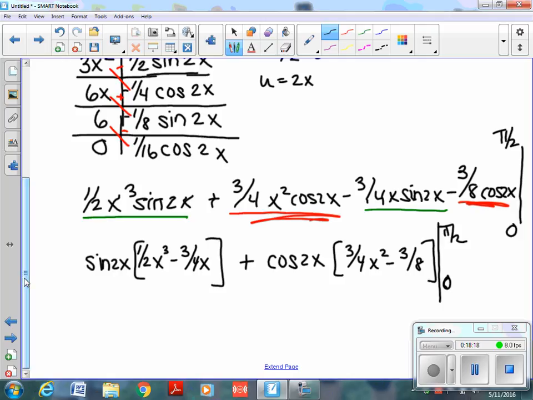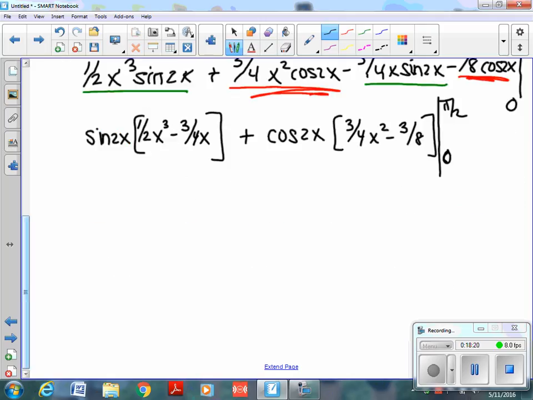Okay, so basically you need to put pi over 2 in all of these. If you put pi over 2 in all of these, you're going to double this to make it 180. So we're looking at -1 and 0. If you put 0 in both of these, we're going to be looking at still 0. So we're going to be looking at these two spots when we plug pi over 2 and 0 in.